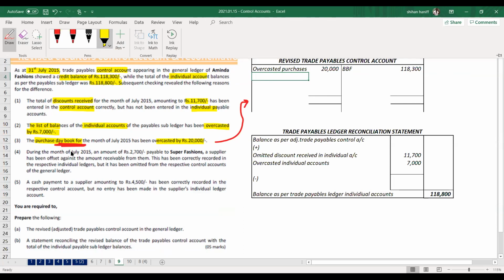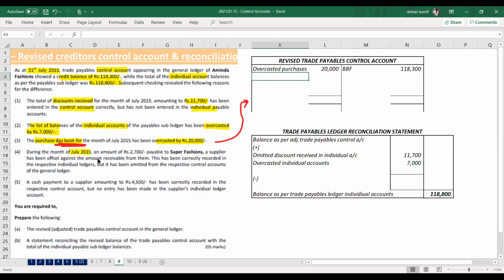During the month of July 2015, an amount of 2,700 payable to Superfashions, the supplier, has been offset against the amount receivable from them. So Superfashion is a customer as well as a supplier. This has been correctly recorded in the individual ledger, but omitted from the control account. So setting off a debtor against creditor. What do you do?